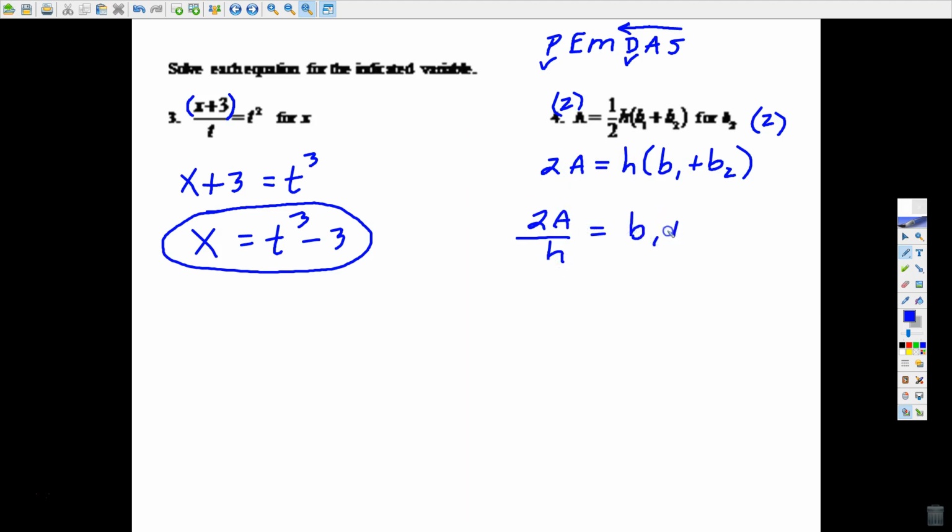And at this point, I no longer need the parentheses because I'm not multiplying this whole quantity by anything. Okay, so I'm solving for b sub 2. Well, how do I undo adding b sub 1? I subtract it. So that gets us to our final answer.